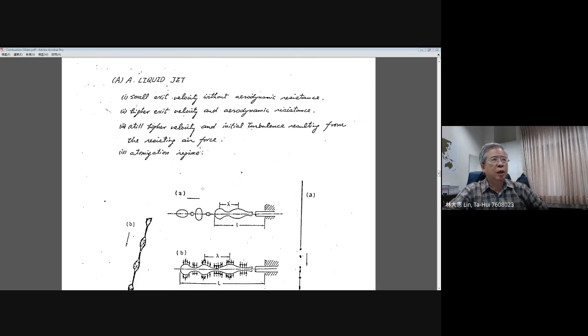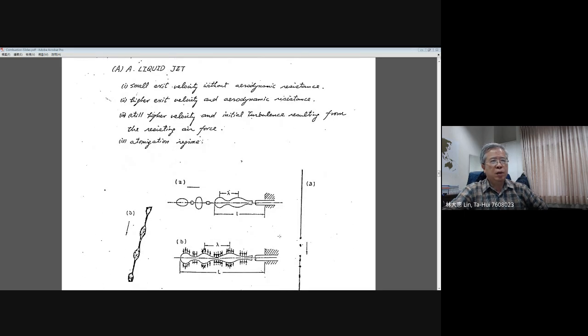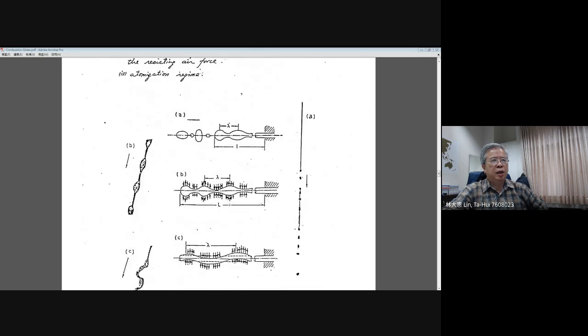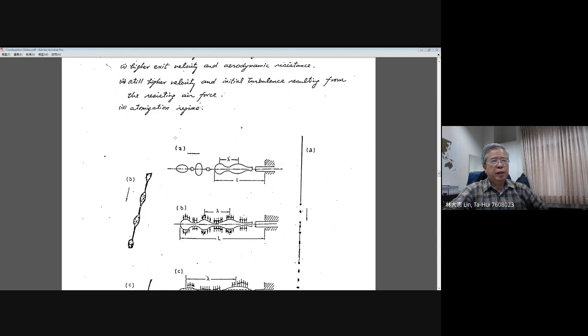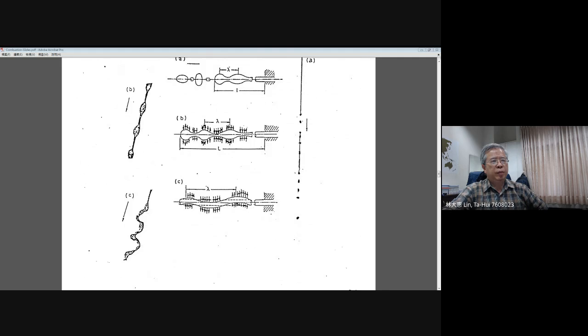This is a typical breakup mechanism for a liquid jet as the exit velocity is increased continuously from a small velocity. The wave motions on the liquid surface are smaller for the small velocity, and as you increase the velocity of the injector, the wavelengths become stronger and larger, and the breakup behavior does not occur at higher exit velocity.